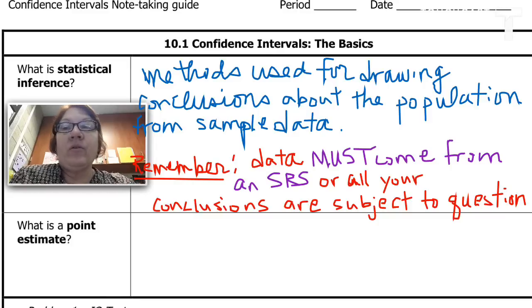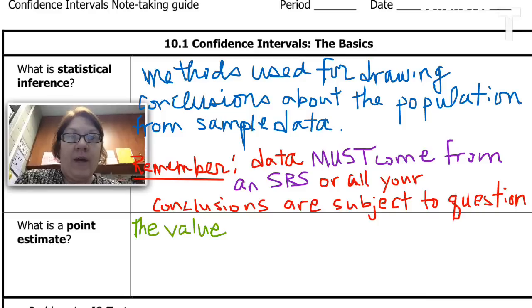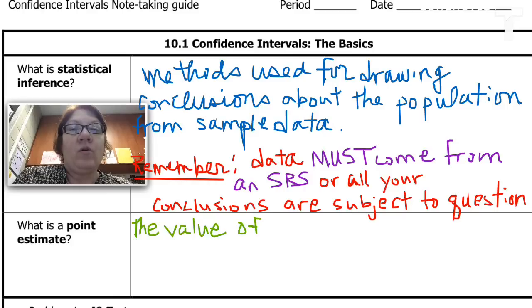So these values that we've been looking at in the last chapter are what is now formally known as a point estimate. I'm taking the value from my data and I'm going to estimate information about the population using my sample statistic.